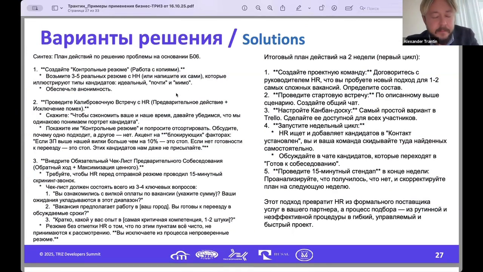Thus, again, quite detailed action plans were proposed on how to introduce a checklist. So there was a lot of thinking about it, maybe adding some blocks to make HR work more efficient.